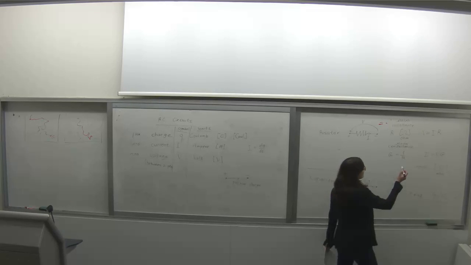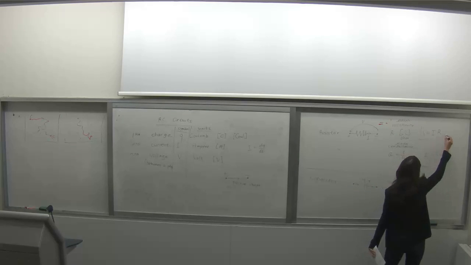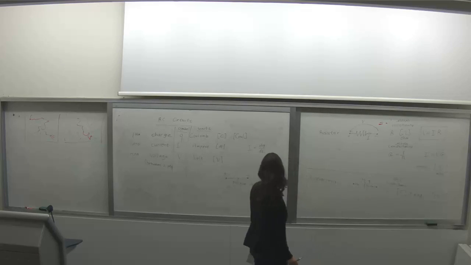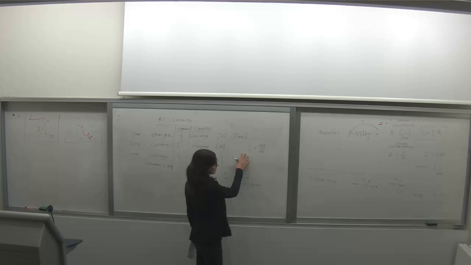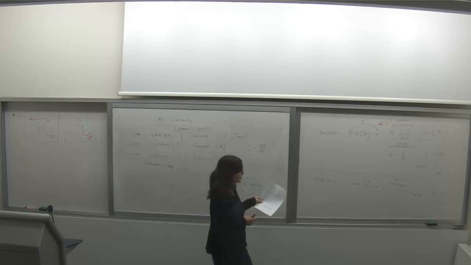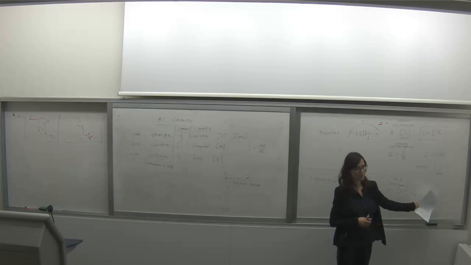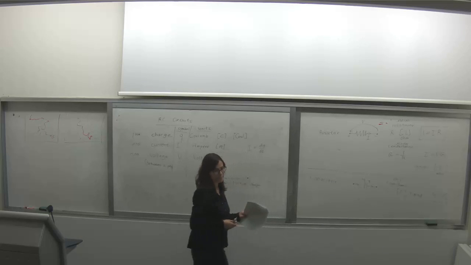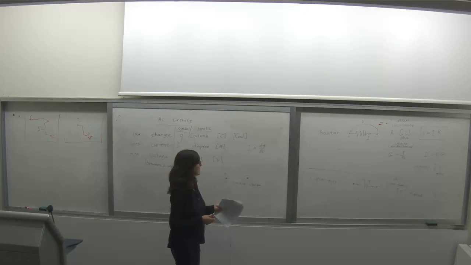For the resistor it's linear, very easy. Here I don't yet have the relationship between V and I, but I can use my previous knowledge in order to derive it. So I want to combine these two formulas in order to get the relationship between I and V. You already see that there will be a derivative, but it doesn't matter. It's still the relationship.